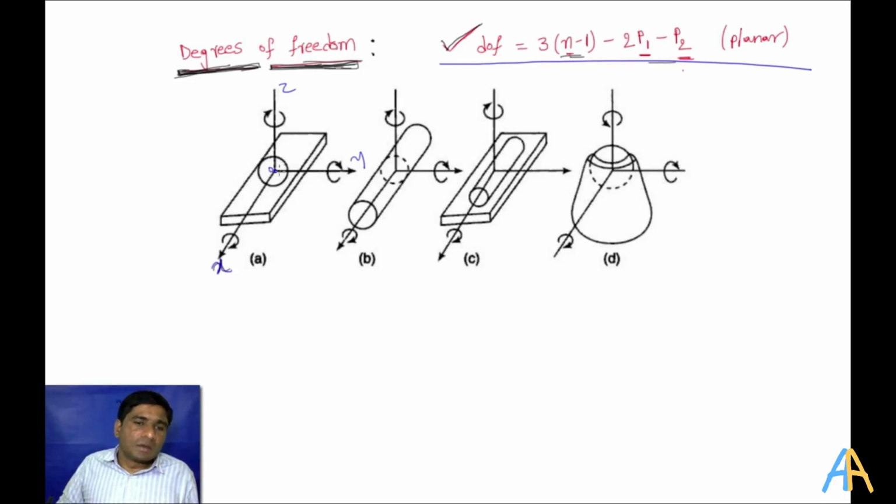The sphere can travel along the x-axis and also along the y-axis, but it cannot travel along the z-axis. It can only go in the upward direction, but there is a restriction when it tries to go in the downward direction of the z-axis. So here it has only 2 translations, one along the x-axis and another along the y-axis, and it can rotate about the x-axis, y-axis and z-axis.